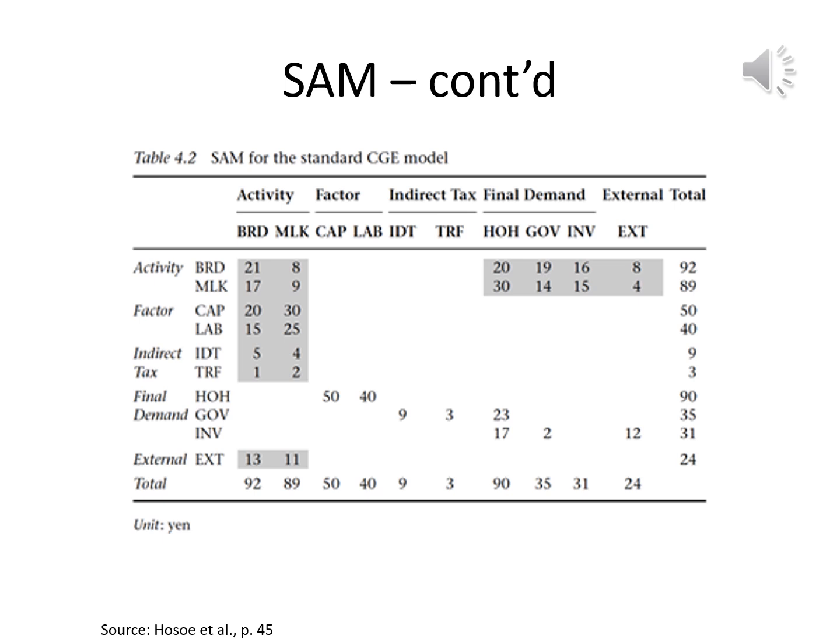Okay, now I want you to focus your attention first on the activity block. Activity block and activity block intersect in BRD MLK row and BRD MLK columns. You will see four numbers there: 21, 8, 17, and 9. This is the upper left corner of the matrix.